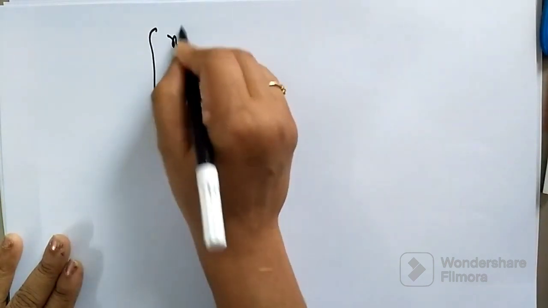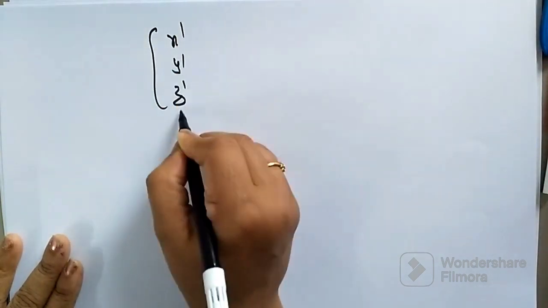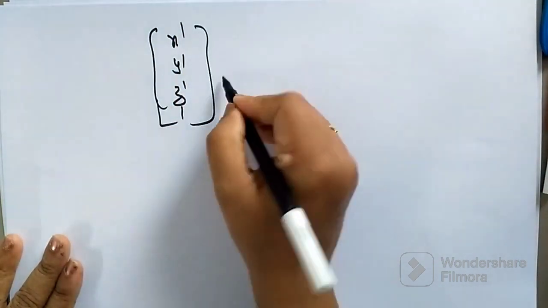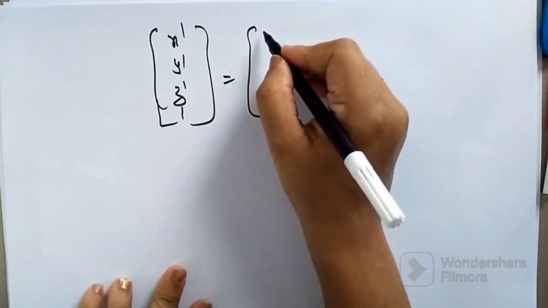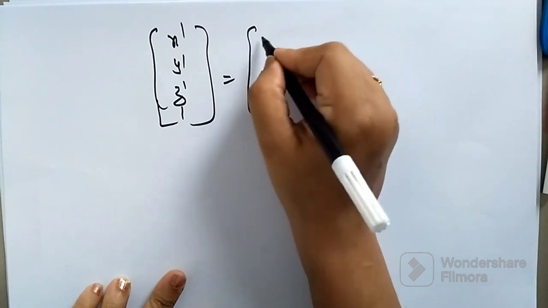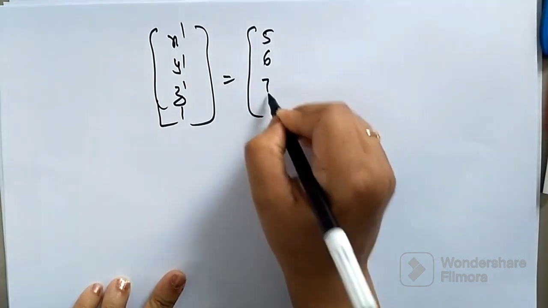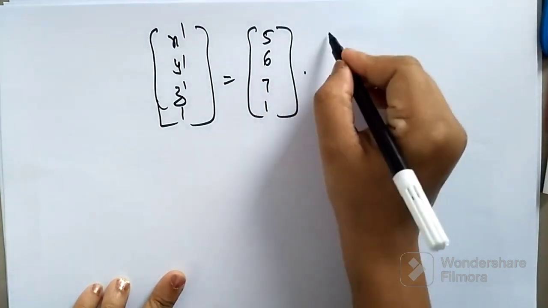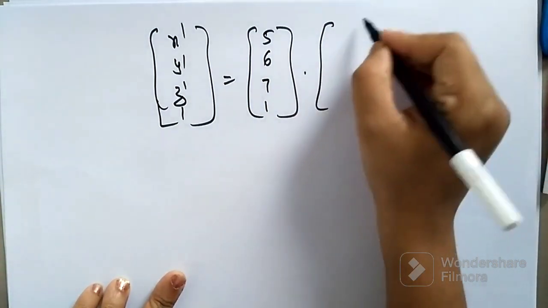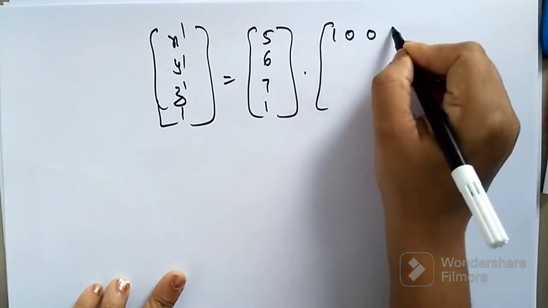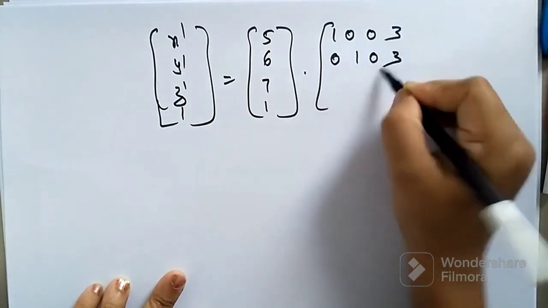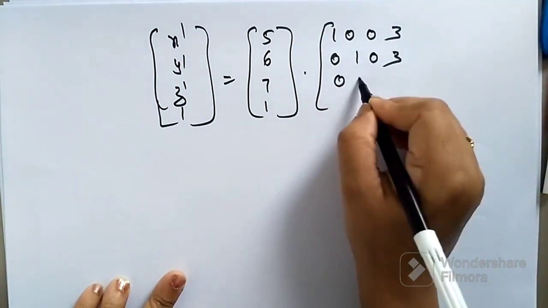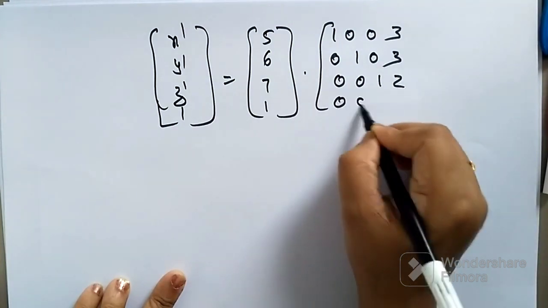x dash, y dash, z dash, 1 is equal to, what are the coordinates of the point that are given? 5, 6, 7, 1 multiplied with the translation matrix, that is [1, 0, 0, 3; 0, 1, 0, 3; 0, 0, 1, 2; 0, 0, 0, 1].